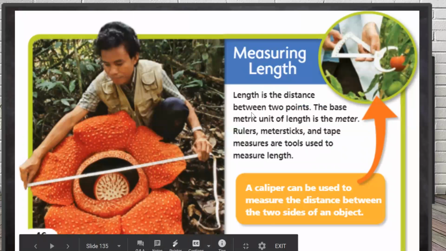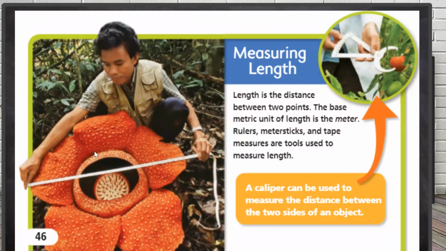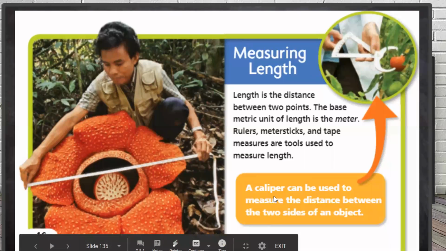Now let's see. If you want to measure the length, usually I would use a measuring tape or a ruler. But a caliper can be used to measure the distance between the two sides of an object. Can you see it over here? Is this the first time you see a caliper?